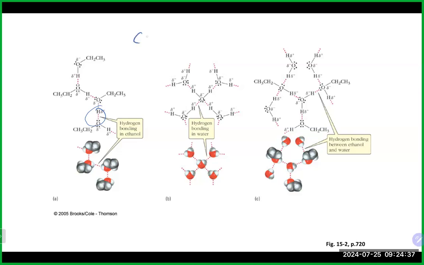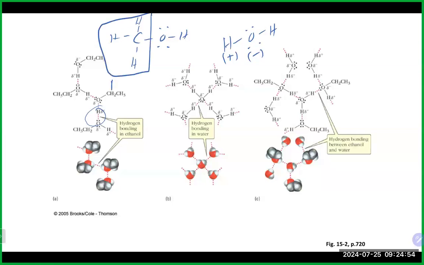For example, if we took something like methanol, which is an organic compound, and we took something like water, methanol kind of has two parts, it has a nonpolar part here, but it does have this bond here, which is also polar, which means that's more negative, that's more positive.